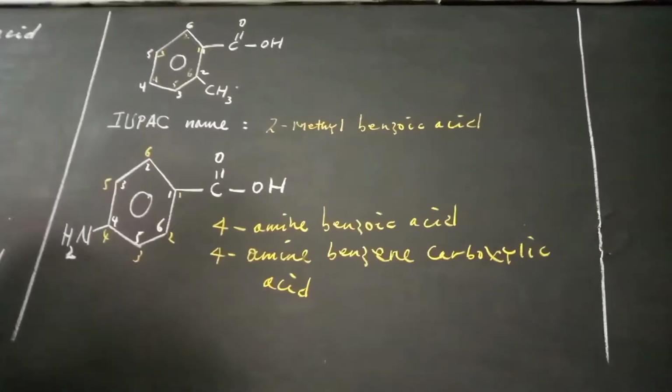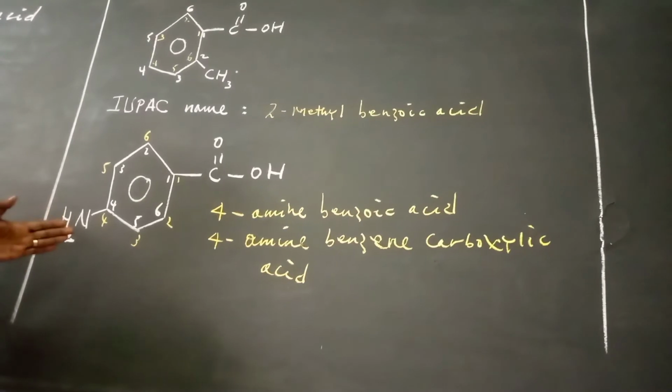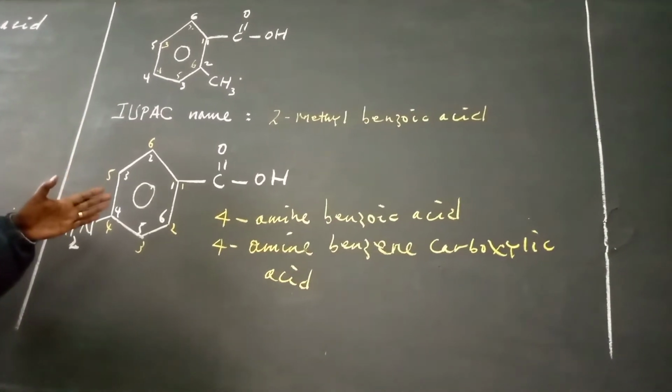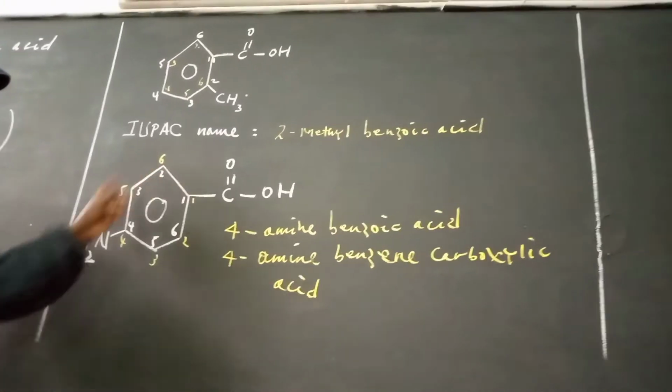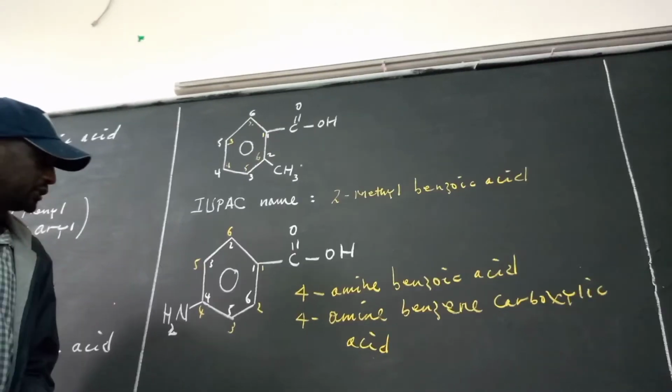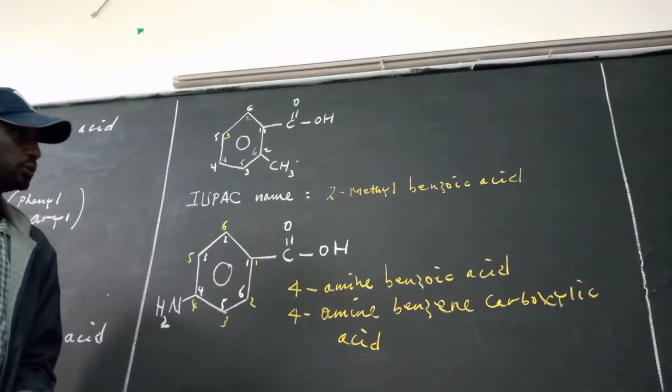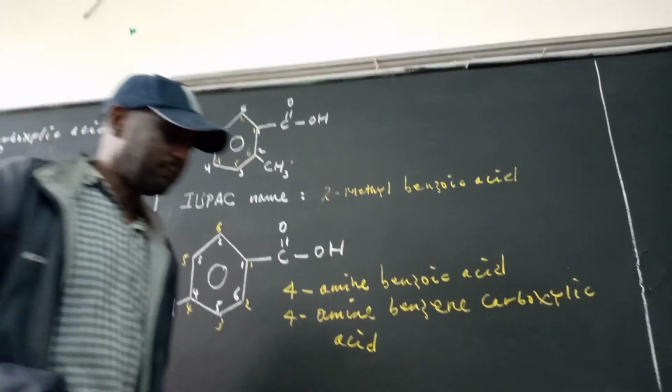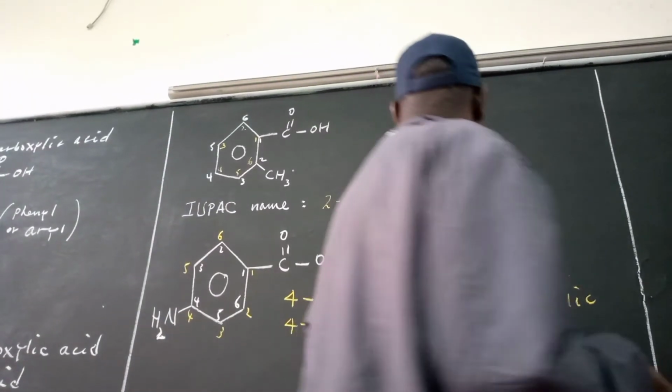This is how to give the IUPAC name for benzoic acid. The parent name is always benzoic acid or benzene carboxylic acid.